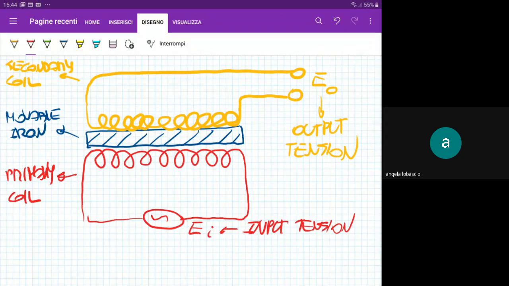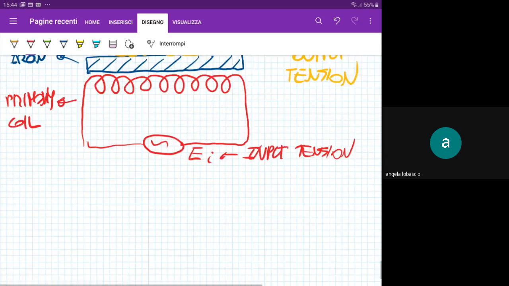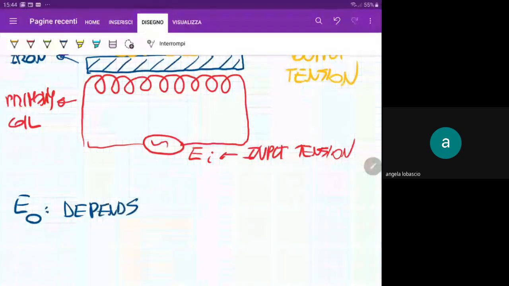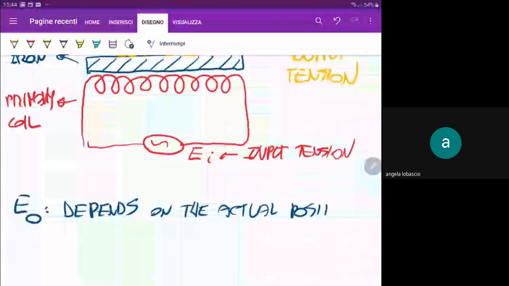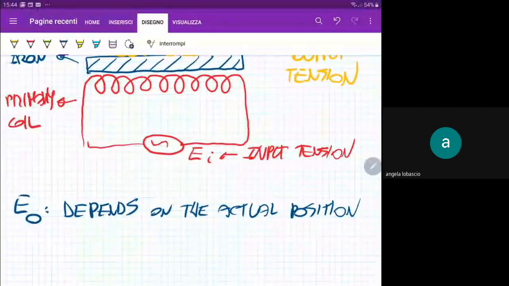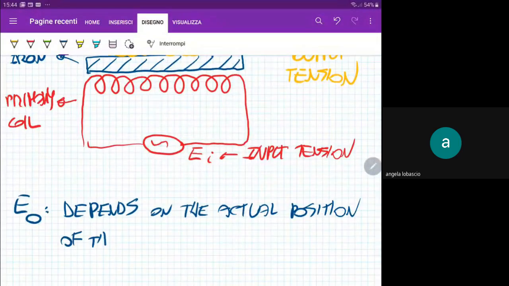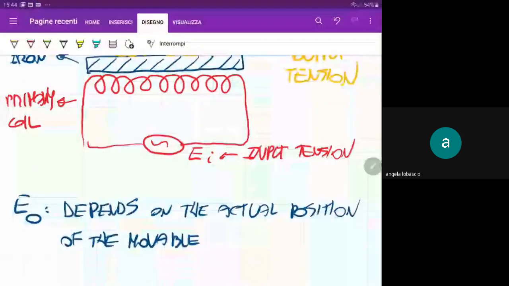So what we have is that the output tension, EO, depends on the actual position of the movable iron core.